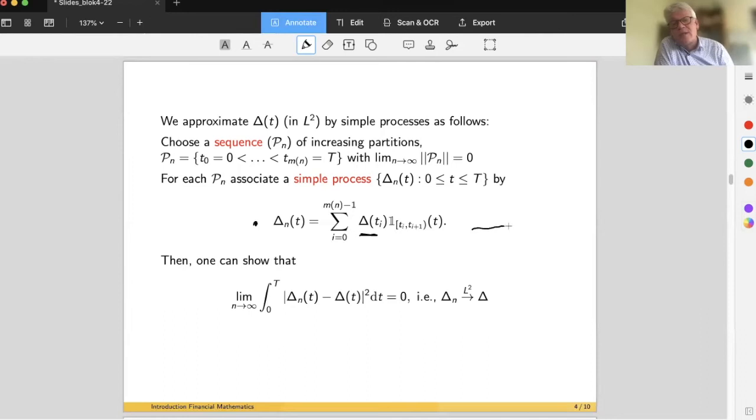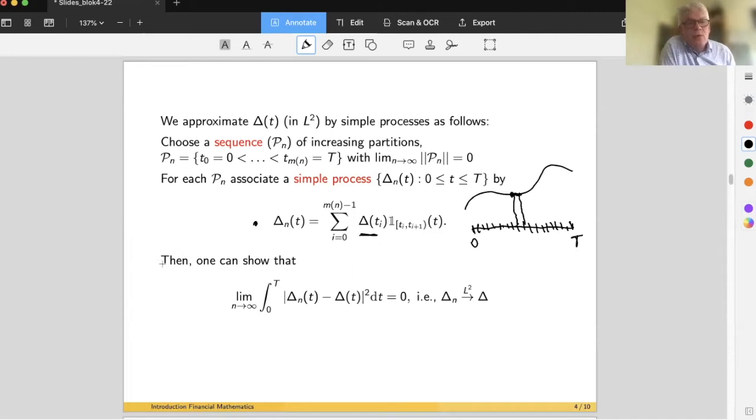So we have our timeline from 0 to T, we have our partition, we have some function, and in each interval we approximate the function by the left side value times the length of the interval.